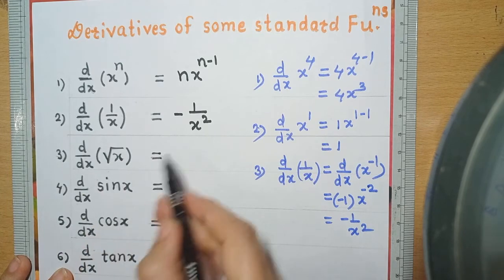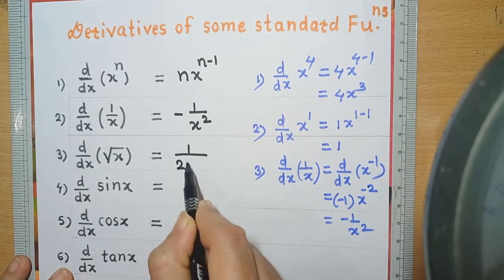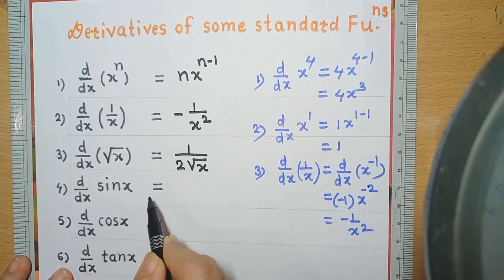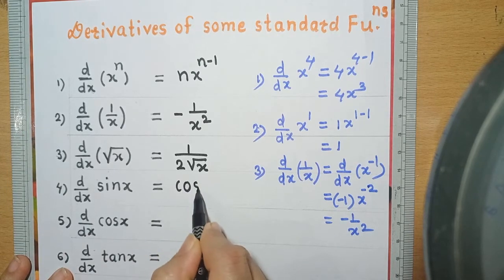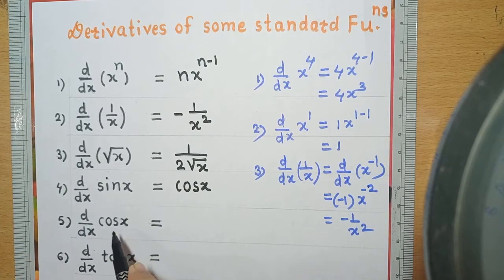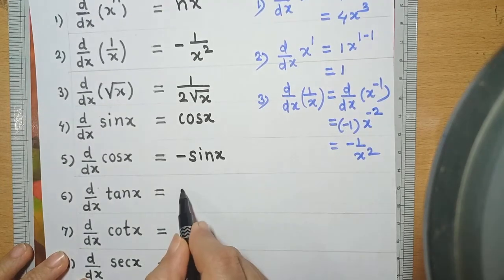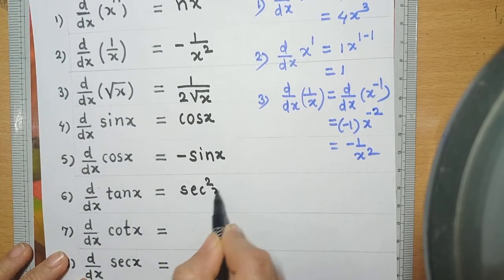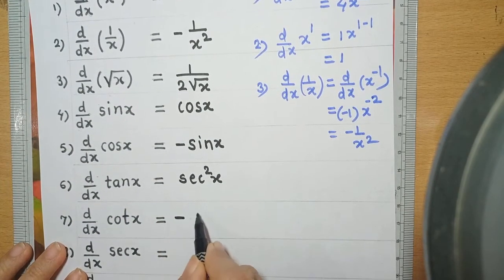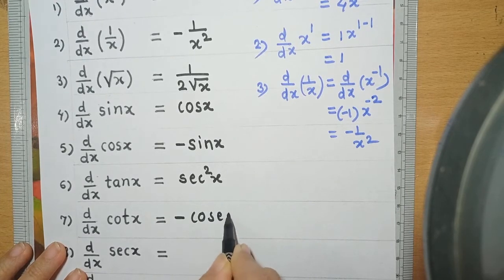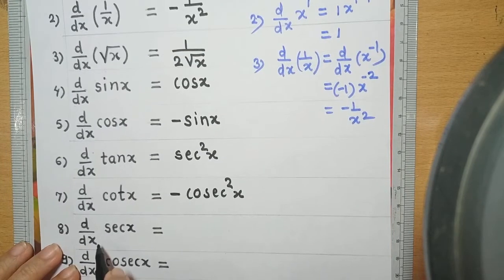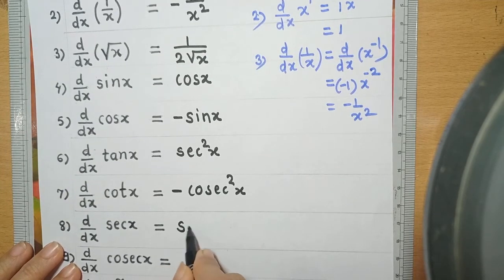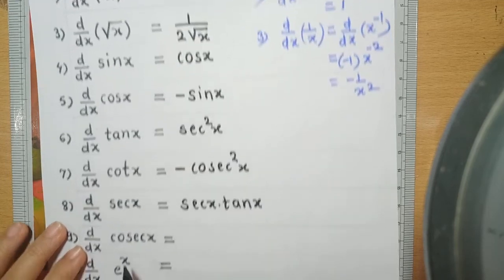D by dx of root x is 1 upon 2 root x. Derivative of sin x is cos x. Derivative of cos x is minus sin x. Derivative of tan x is sec square x. Derivative of cot x is minus cosec square x. Derivative of sec x is sec x into tan x.